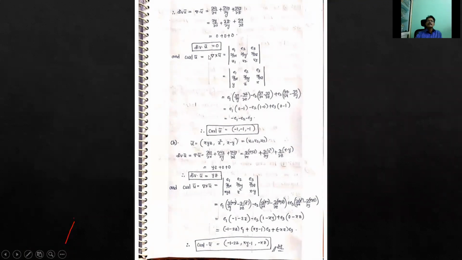So 0 plus 0, that is the curl. U bar means you know that E1, E2, E3, dou by dou x, dou by dou y, dou by dou z, U1, U2, U3. What is U1? First coordinate y, second coordinate z, third coordinate x.